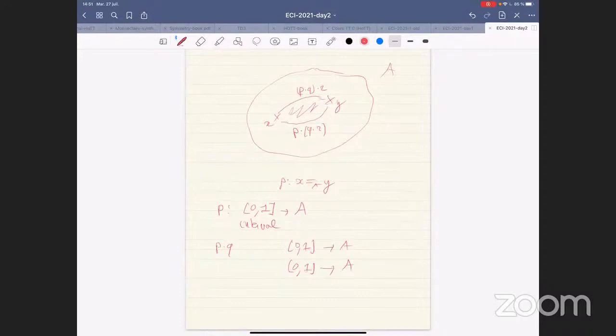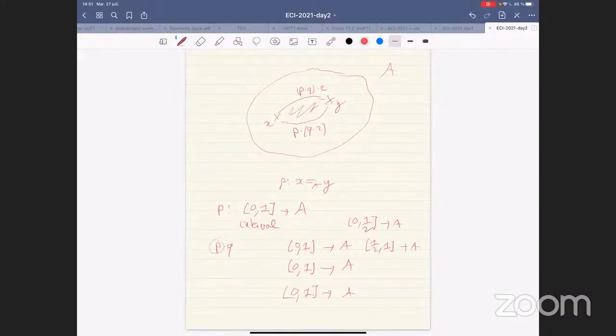You want to concatenate them so that you define a new function from 0, 1 to A that starts as P and continues as Q. So one way to do this is to reparameterize P so that now P is going from 0, 1/2 to A. And then you reparameterize Q so that it's going from 1/2 to 1 to A, and then you concatenate the two.